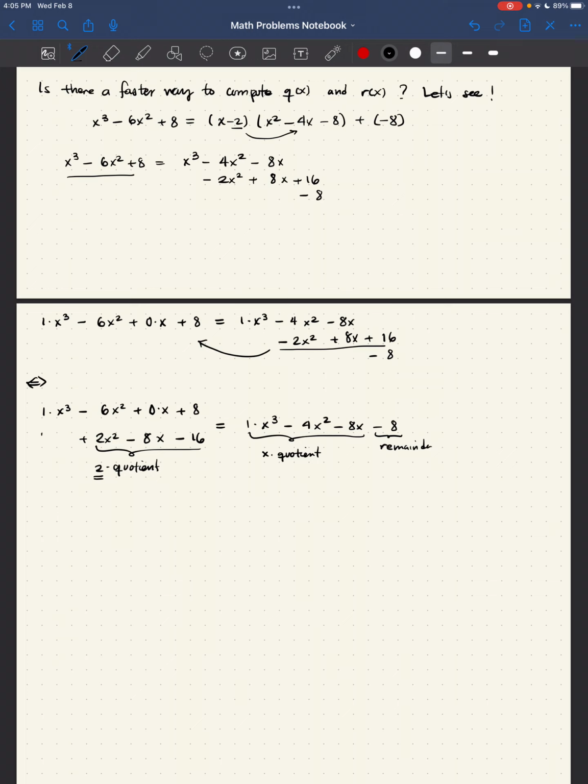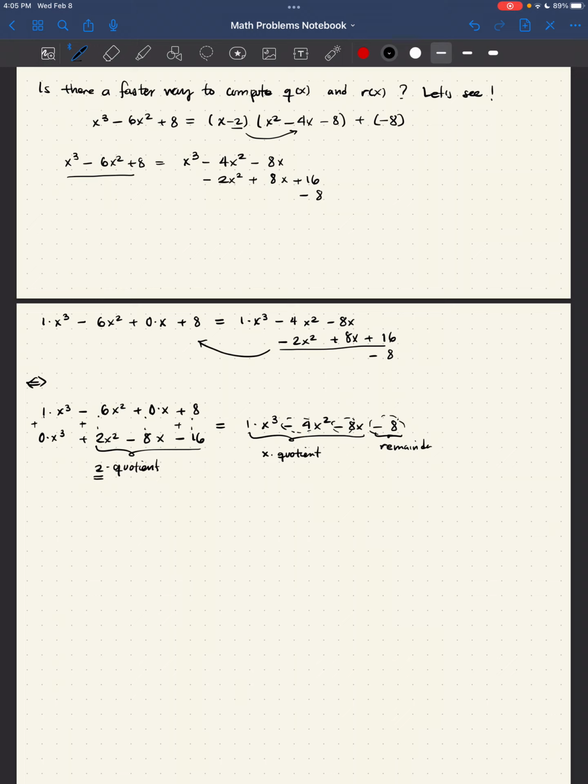I can incorporate a 0 times x cubed right here, and all that I need to do is to keep track of the computations. When I add these two together, I get 1. When I add these two together, I get negative 4. When I add these two together, I get negative 8. When I add these two together, I get negative 8 as well.